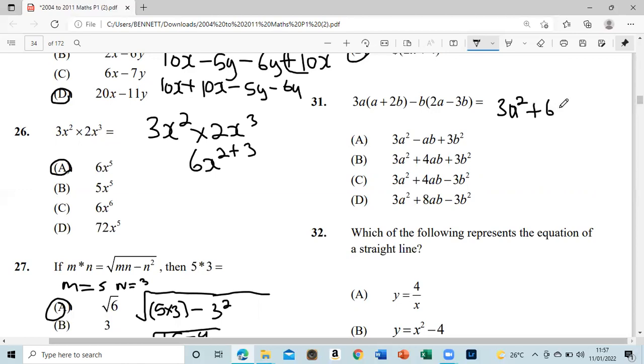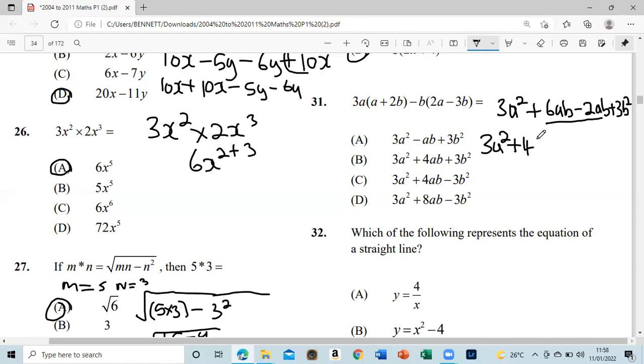So it's 6ab, minus 2ab, negative times a positive is negative. And the last one now, this will give us plus 3b squared, a negative times a negative. All right. So these are the only like terms. So it's 3a squared, 6ab minus 2ab will give us what? 4ab.